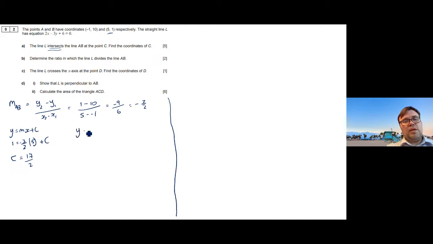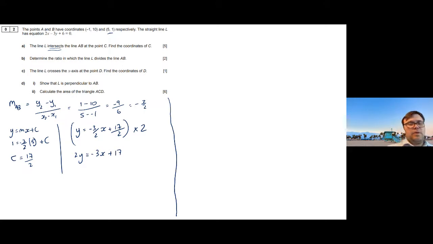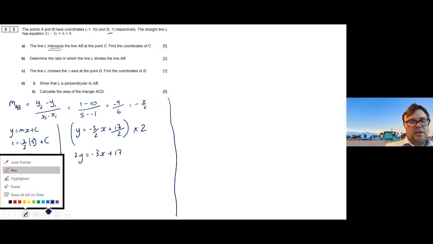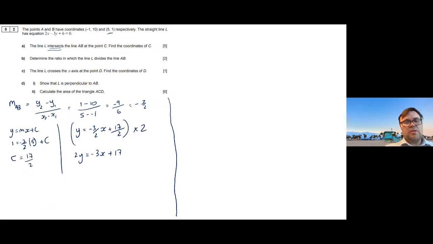So y equals minus 3 over 2 x plus 17 over 2. So that I can work with this in the next part, which is simultaneous equations, 2y equals minus 3x plus 17. So now I've got the line, and I have the equation that I just worked out for myself.